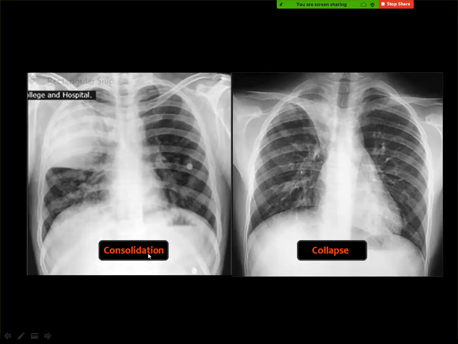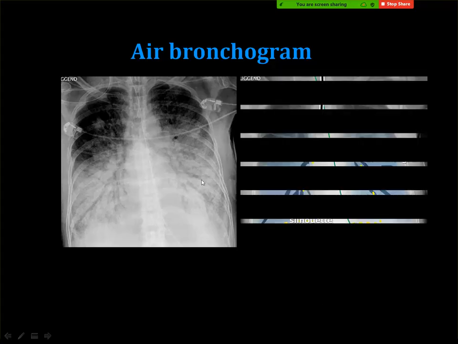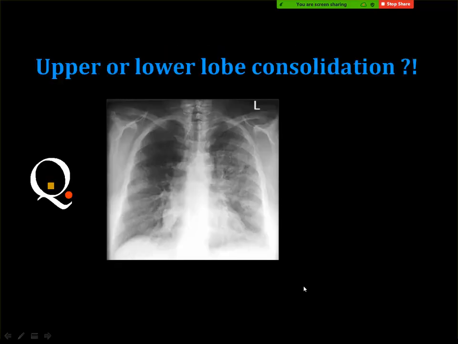Then consolidation is opacification of the lobe. Collapse is loss of volume of the lobe. The main diagnostic landmark of consolidation is air bronchogram. And the presence of air bronchogram indicates for sure that this is a consolidation in the lung.